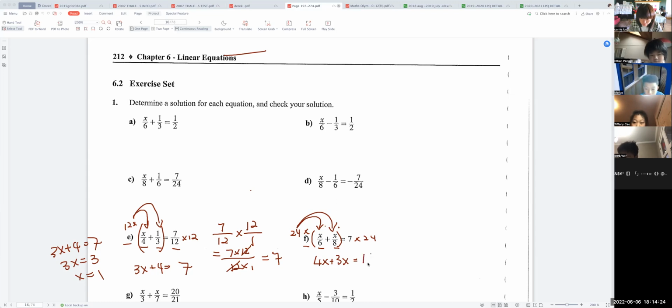So 168. So 7x equals 168. So x equals what? 24. Yeah, 24. 168 divided by 7 equals what? 24.